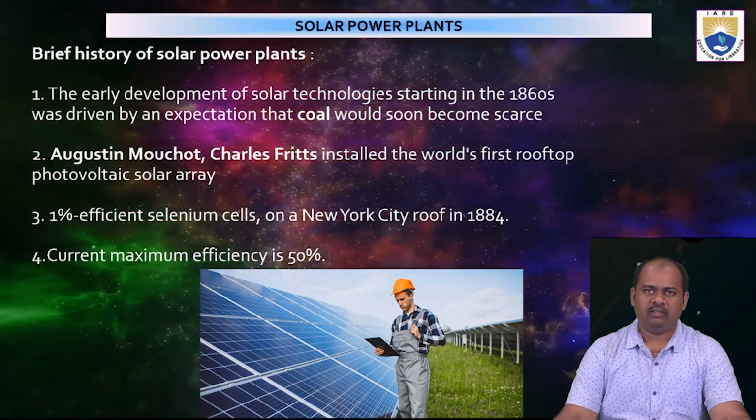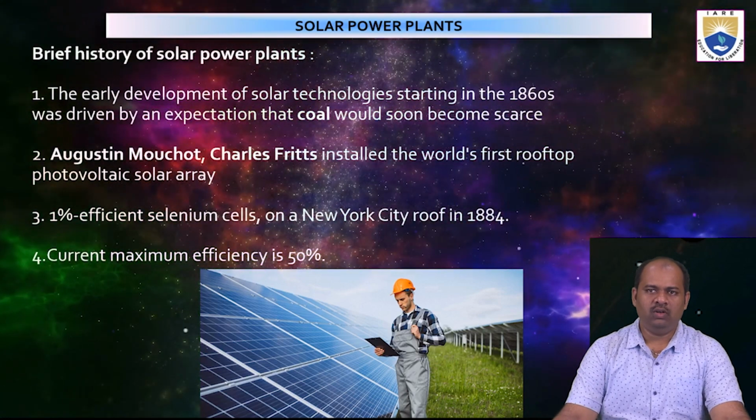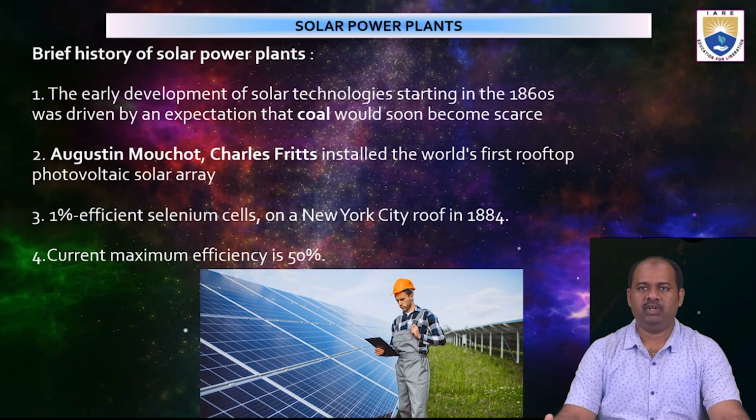They knew that someday coal would be exhausted and would have to be replaced by some other kind of energy. So they started thinking of a new source of energy. They thought solar radiation is very useful and can be directly converted into electricity. This is the first time the invention of solar panels was done.